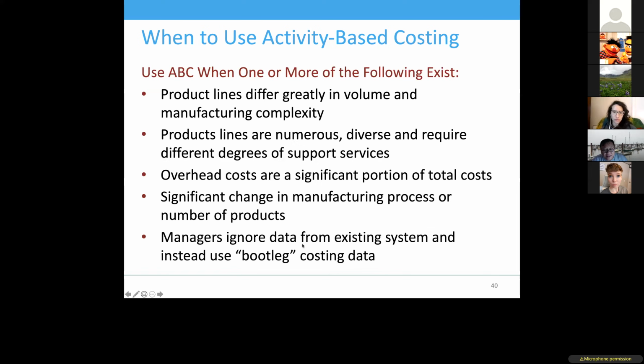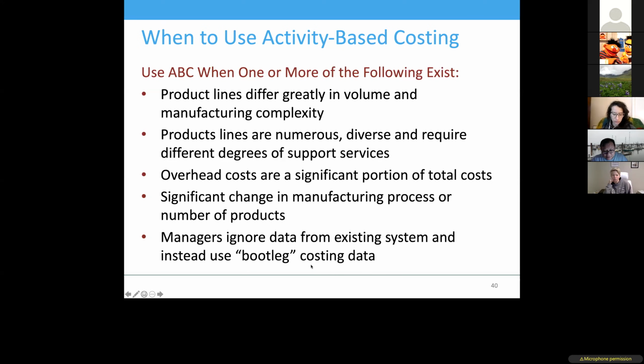Managers ignore data from existing system and instead use bootleg costing data. I'm not sure what he's talking about. Does anyone know?